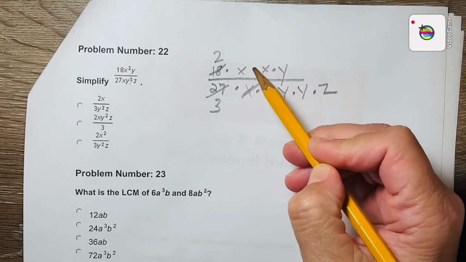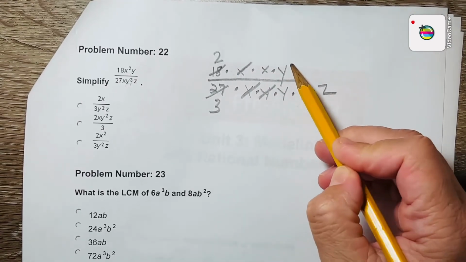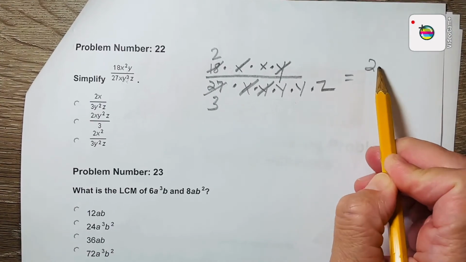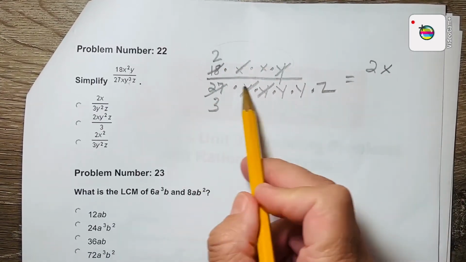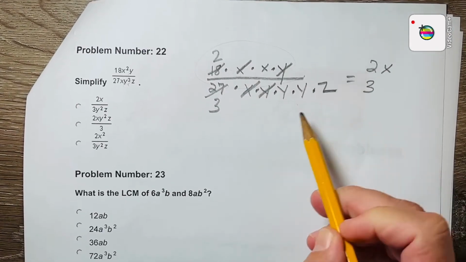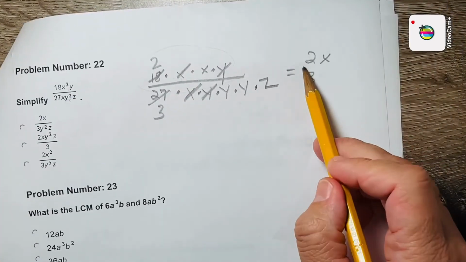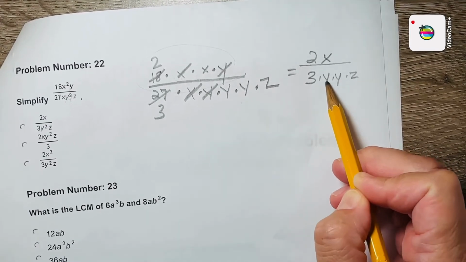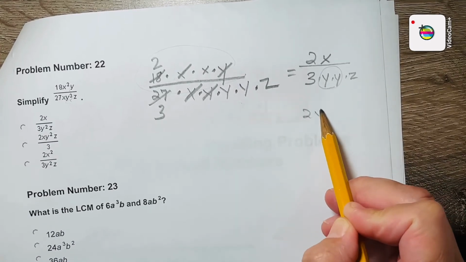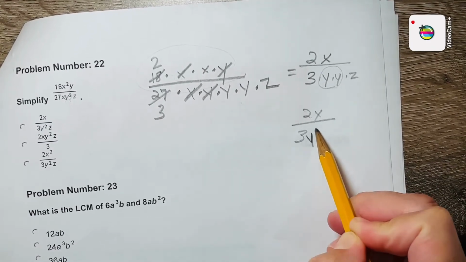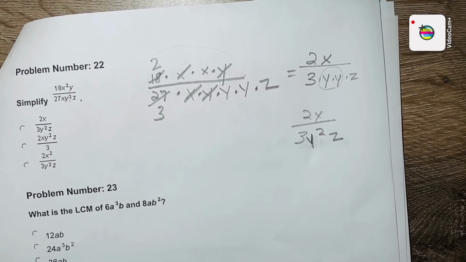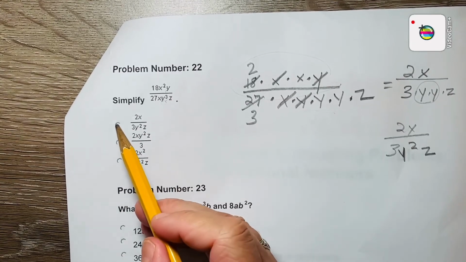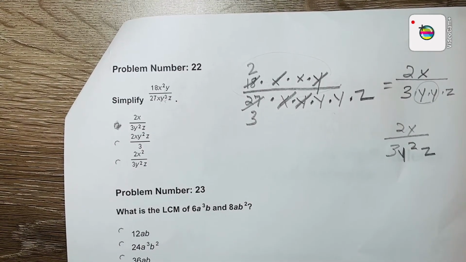And any variables that are doubled, you can cancel out. So what are you left with? 2 times x on the numerator. And on the denominator, you're left with 3 times y times z. Well, y times y becomes 3y squared z. So here's our answer, 2x over 3y squared z.